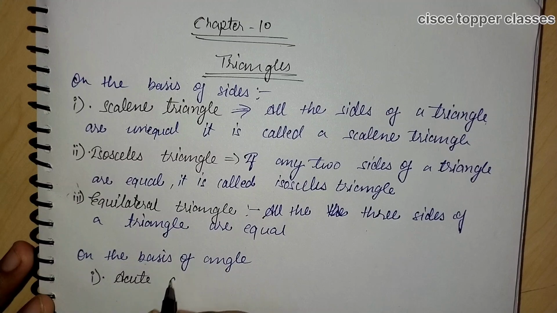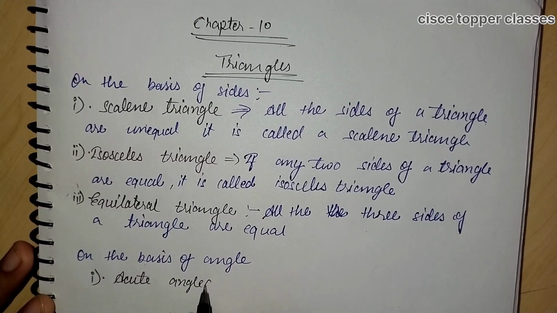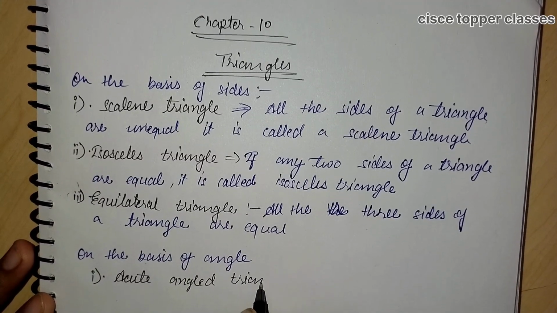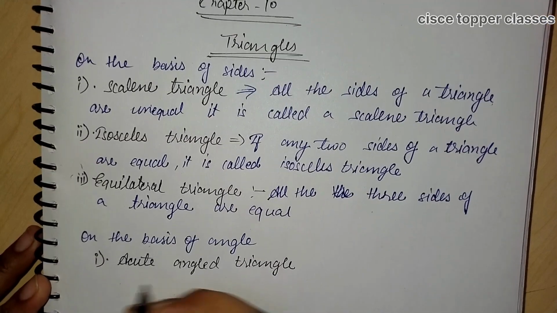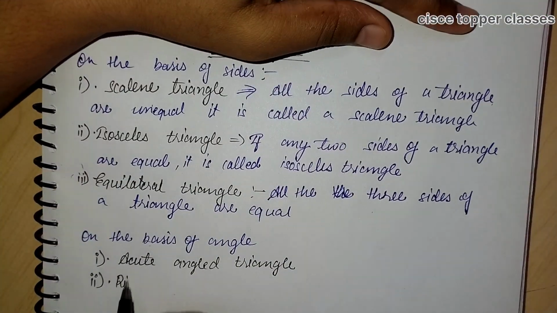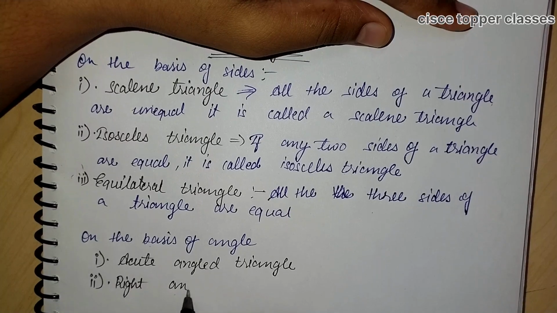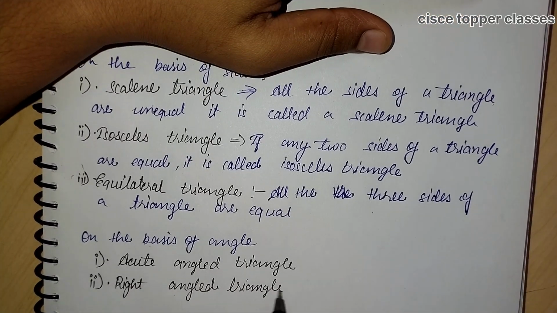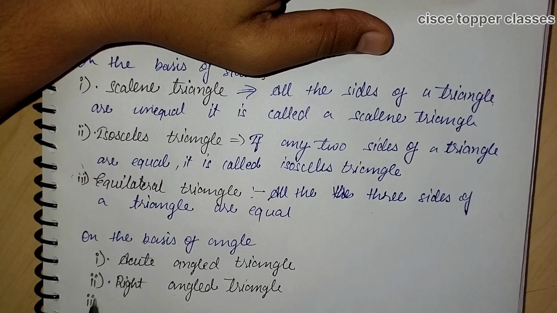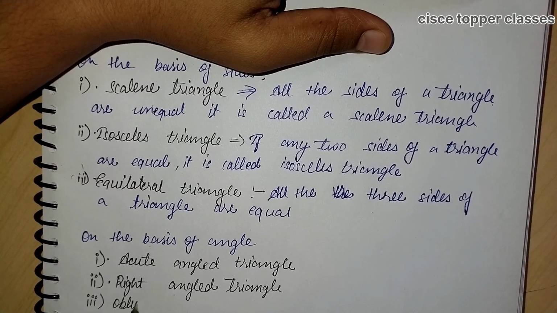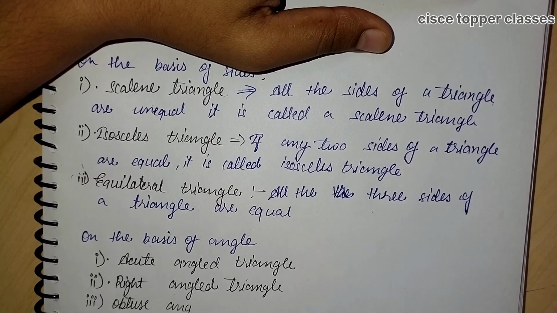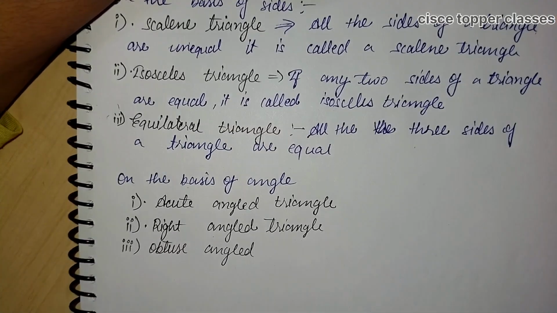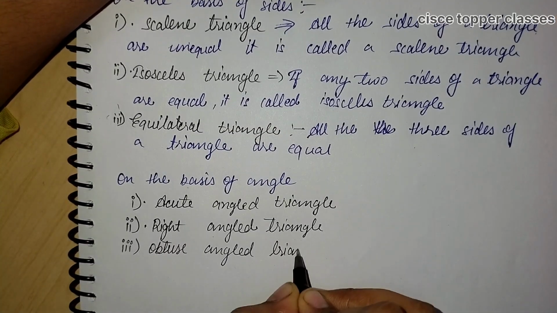The second is the right angle triangle. The third type is the obtuse angle triangle. So these are all the types of triangles.